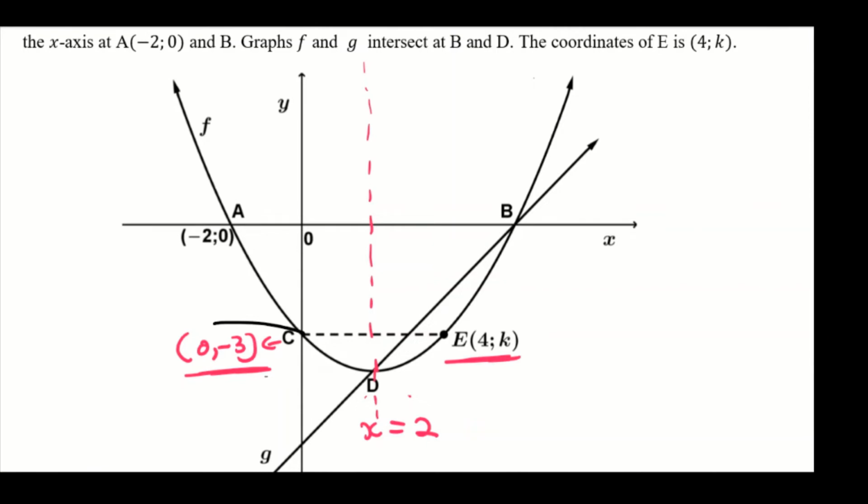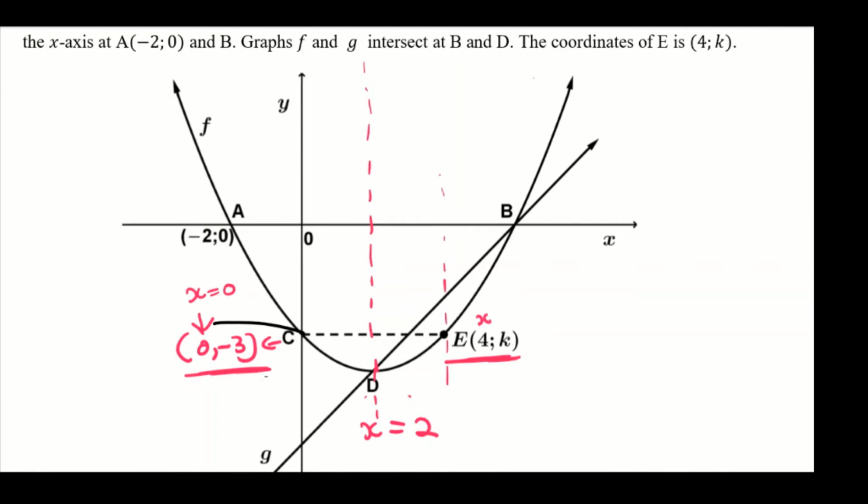So if these coordinates were reflected about the axis of symmetry to give this coordinate of E, it means now that there's going to be a change of values, right? What do I mean by that is this value of x being equals to 0 here at E, it's no longer 0, right?